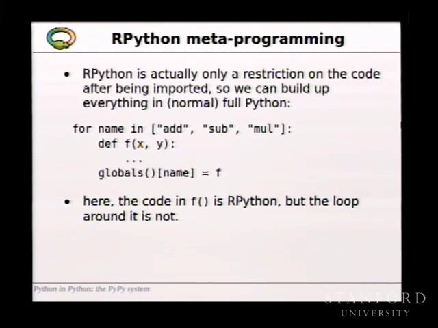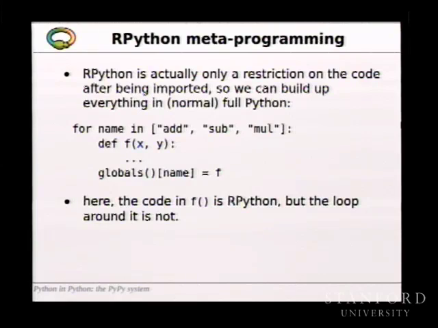Like, for example, the creation of functions in a loop, sticking them around, and so on. And this is really useful for writing an interpreter, where you have a list of not only 3, but 20 or 50 such operation names, where you need to do something similar.